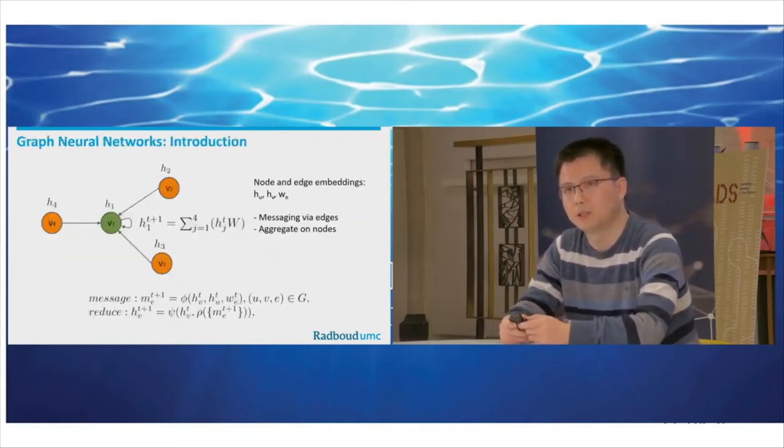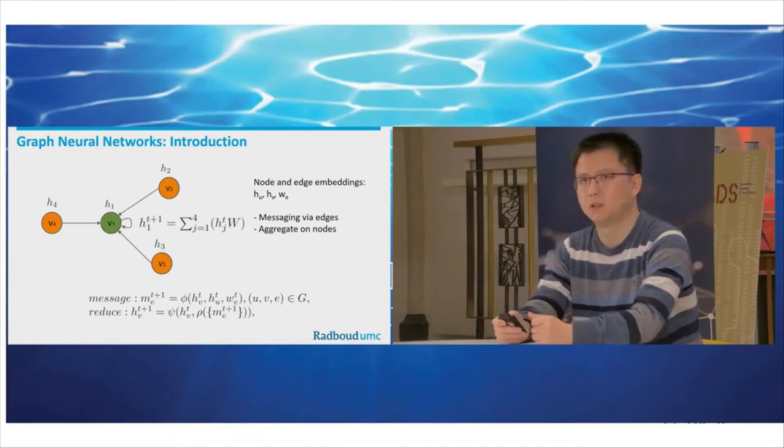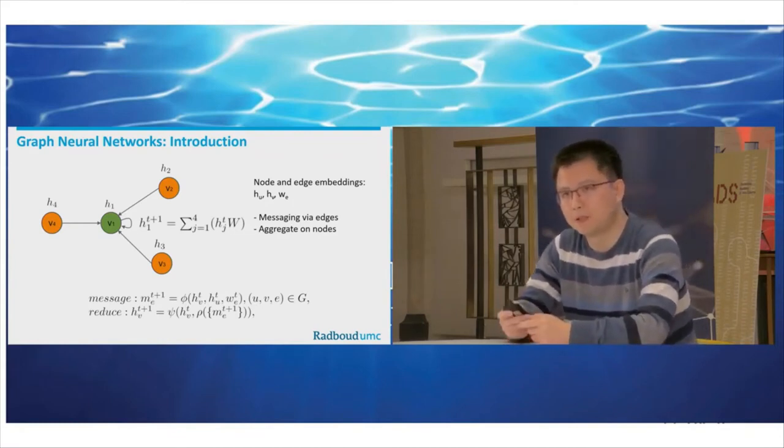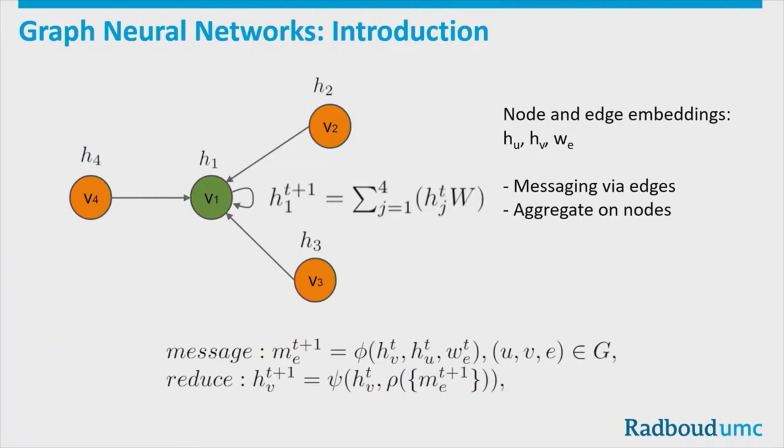Then I will now spend 2 slides to give a very short introduction to graph neural networks, with a simple example. I tend to think about a graph neural network as message passing in graphs. In graph neural network terms, the nodes and edges in the graph are represented by their embeddings or feature vectors.